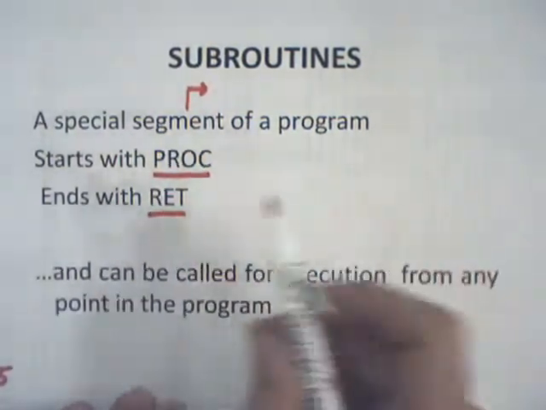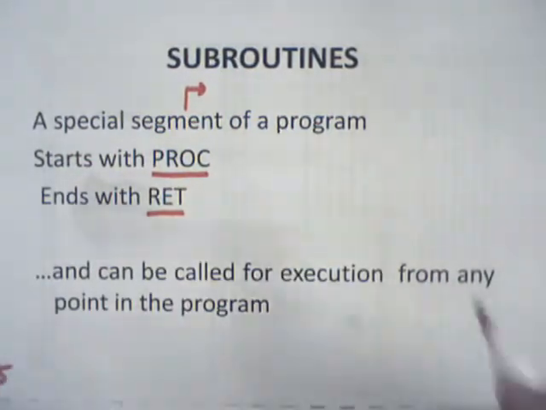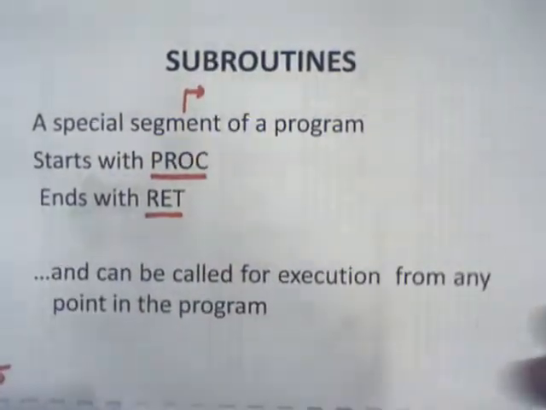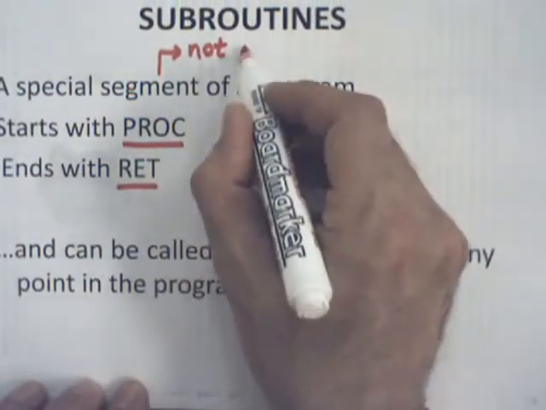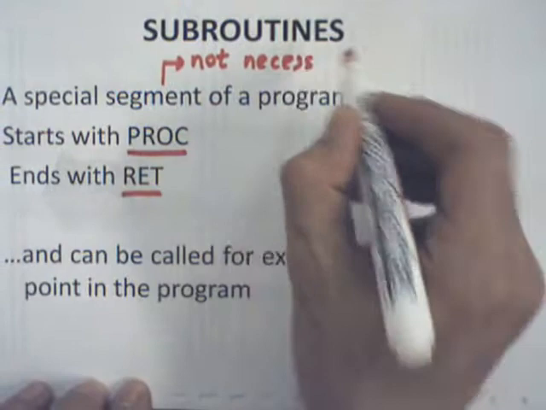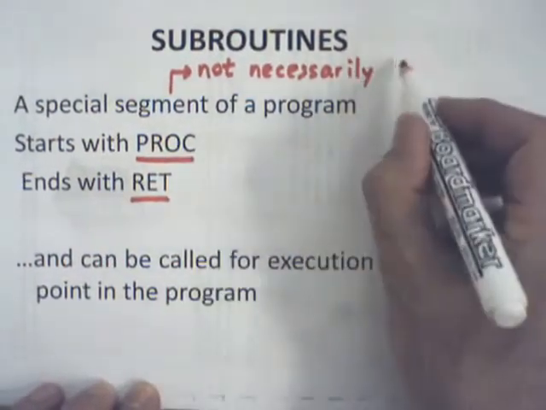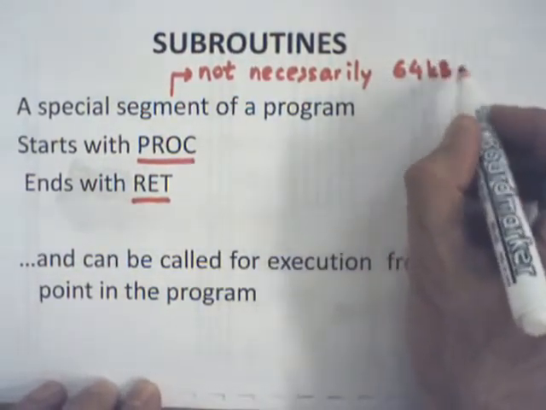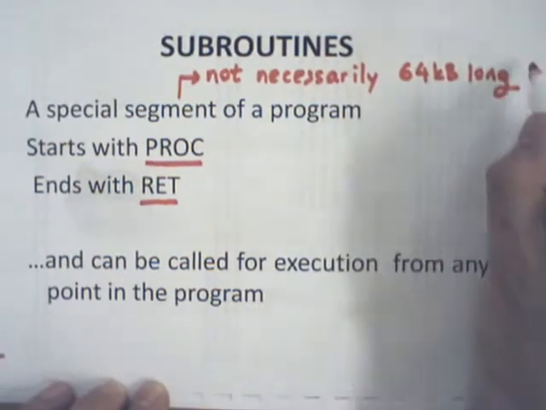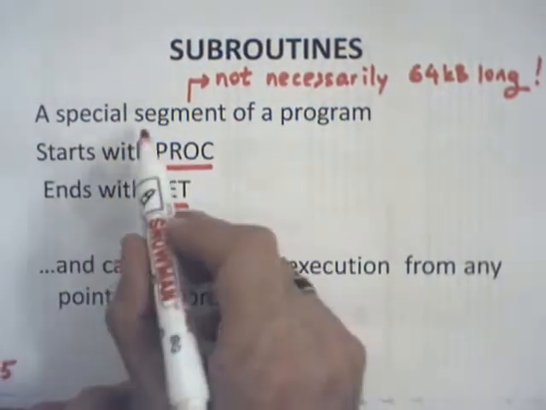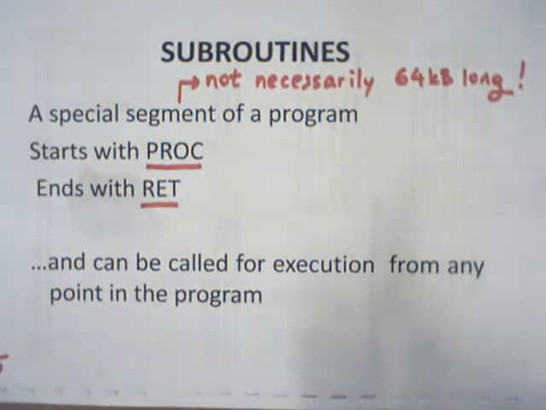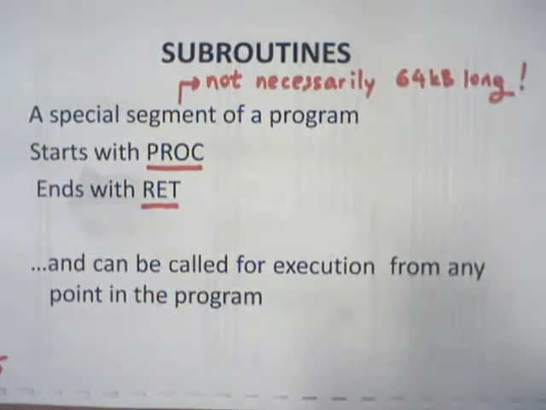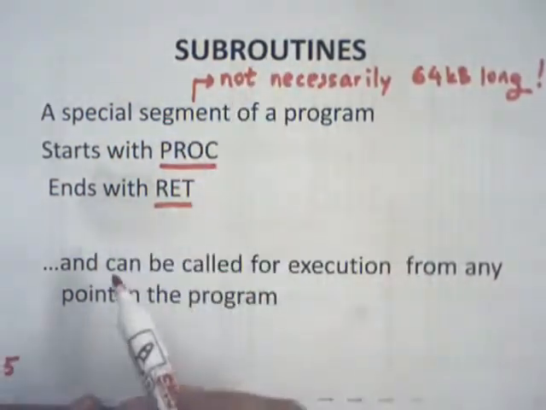So between those reserved words, a special part of a program is called a subroutine. So this segment is not necessarily 64 kilobytes long, okay? Because a segment of an 8085 and 8086 is a part of the memory which is definitely 64 KB long. Now let's return back to our subroutines.